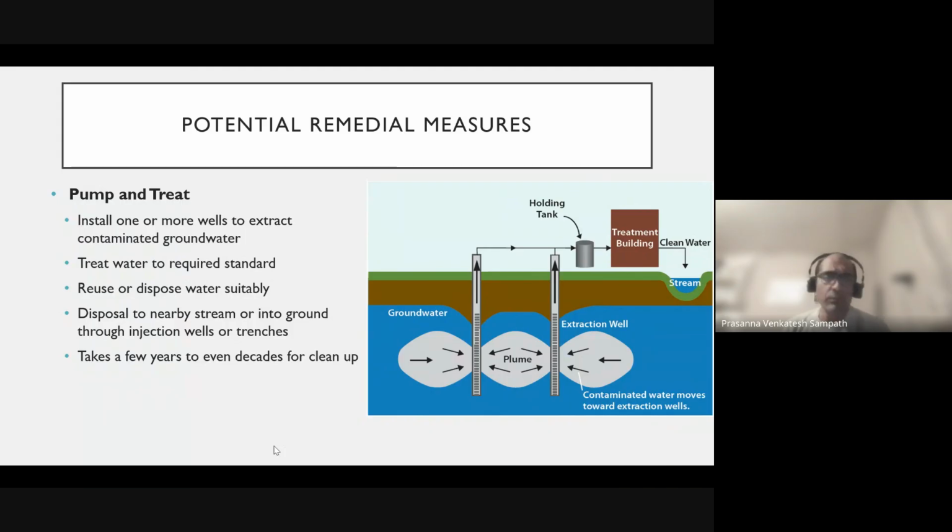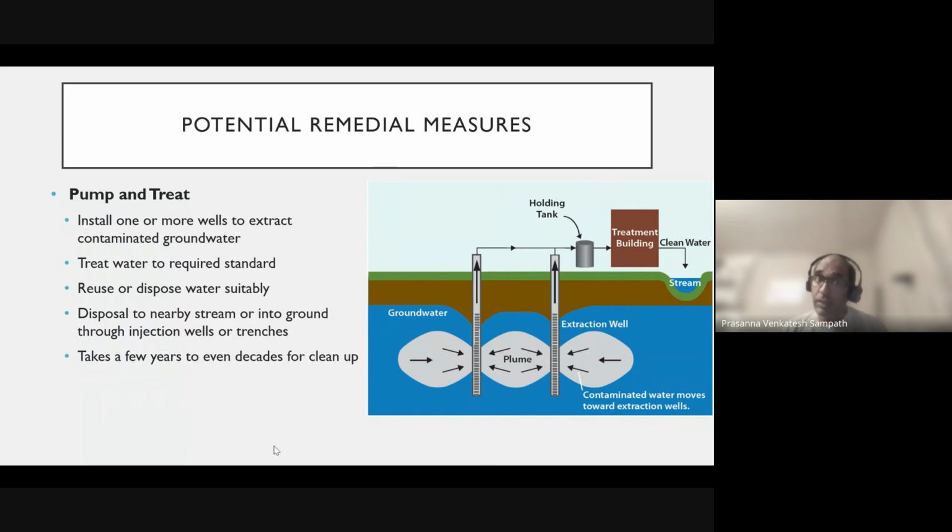If you find contaminated water, just install a pumping well there, extract the contaminated water, treat it, and then dispose of the water in some nearby river or something like that. Or maybe inject it back into the ground. Now, the problem with this method, people observed, was that this treatment process has to be done to a very high standard, to a required standard, so that you can either reuse that water or dispose of that water.